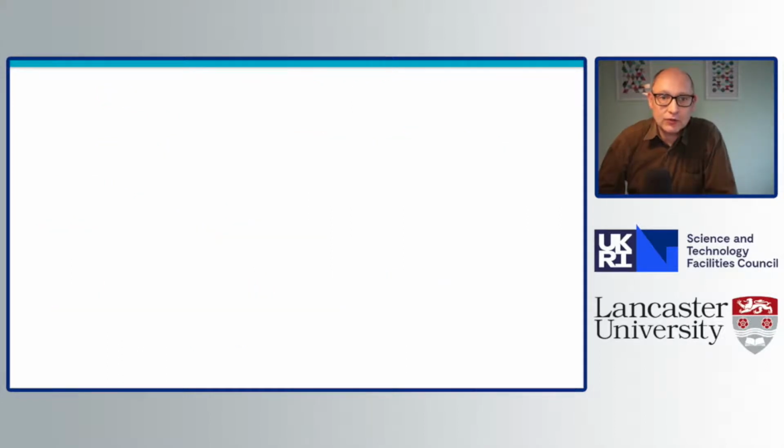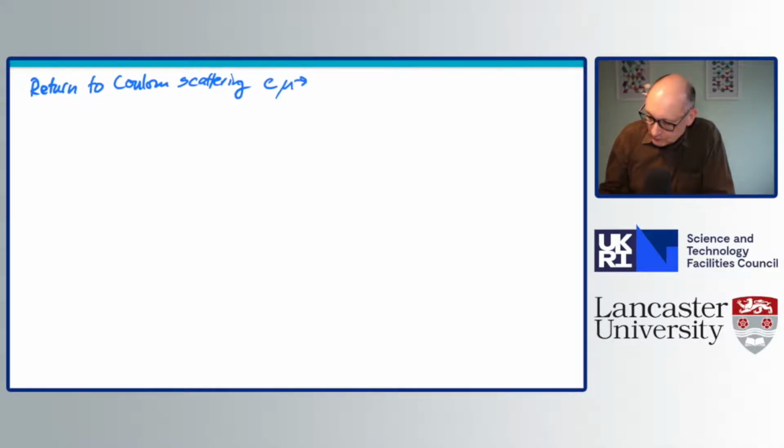We can now return to Coulomb scattering to calculate the cross-section as a function of the scattering angle. So let's write down here, return to Coulomb scattering, which was the e mu to e mu.